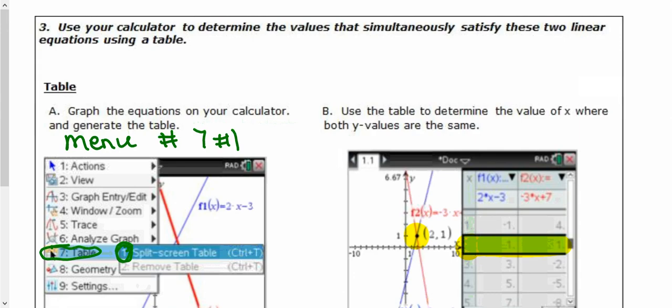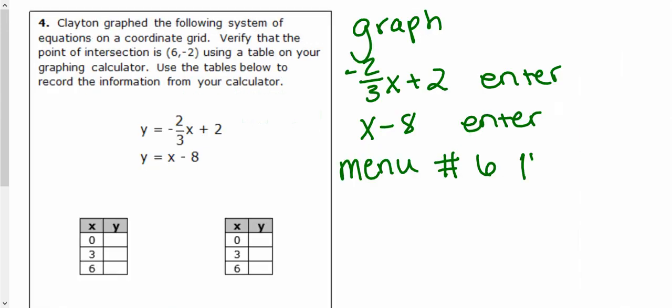So we're hitting number 6 and then number 4. After we've done that, we should be able to pull up our table. We're going to hit menu, find the option that says table, and hit the screen.